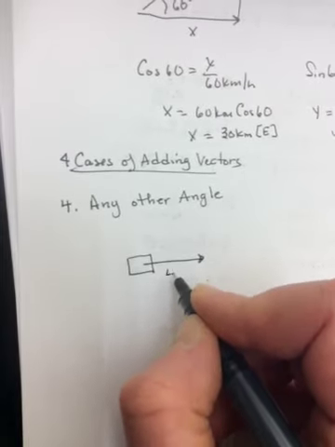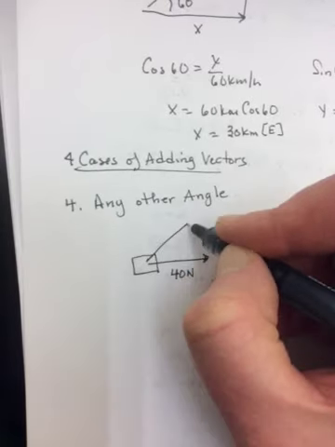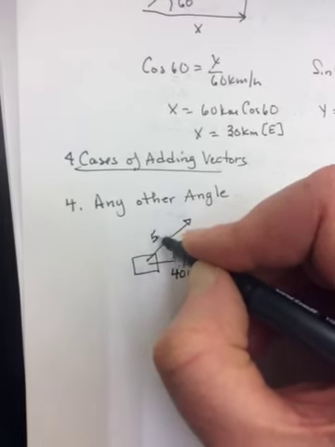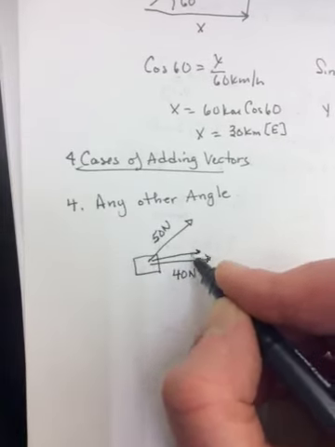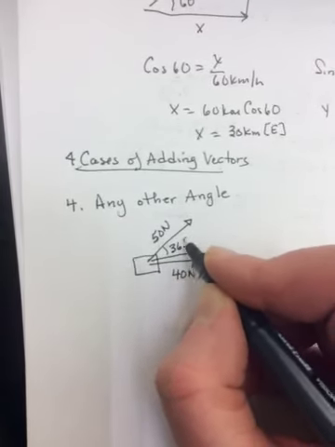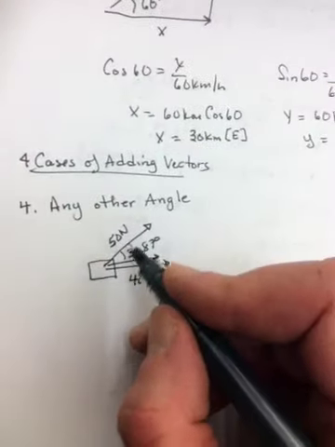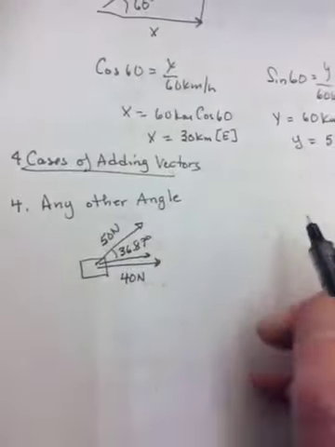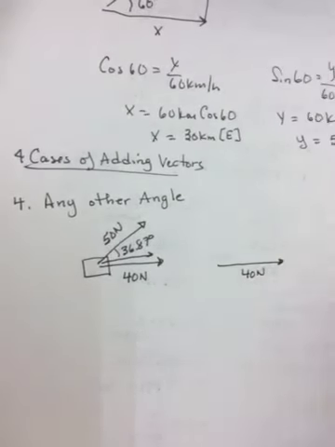So let's say we had 40 newtons going this way, and it might have been 50, but I'm not 100% sure. 50 newtons going this way, and we could make our angle here 36.87 degrees. So one way to solve this is to take my 50 Newton angle and move it over so it's head to tail with my 40.